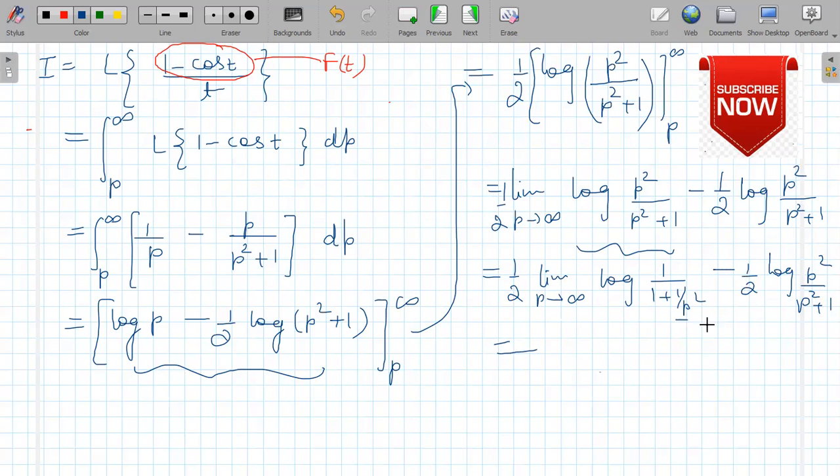So this whole expression is 0, and this negative sign will exchange numerator and denominator. So this is 1 upon 2 log p square plus 1 divided by p square. This is the value of I.